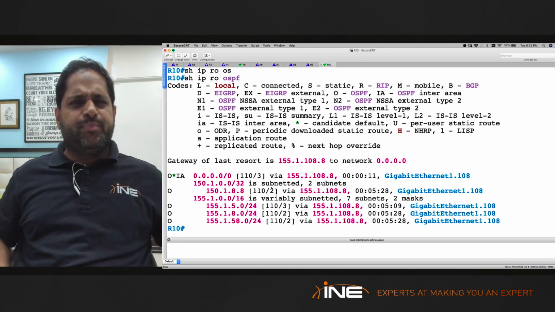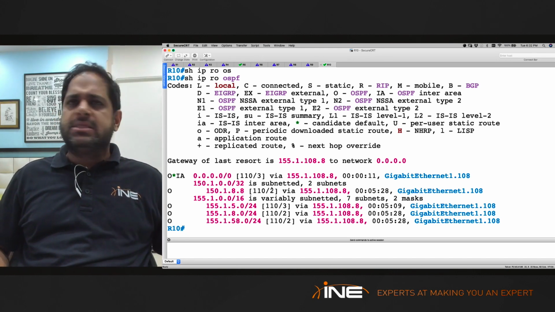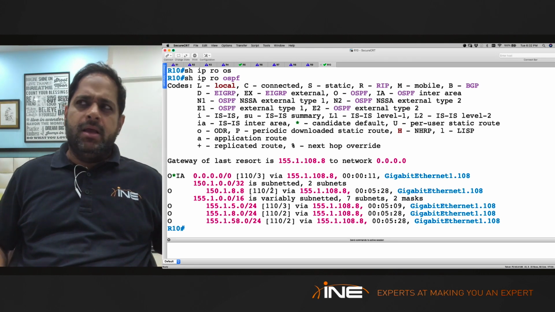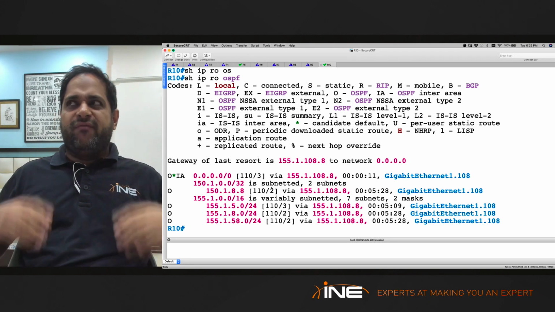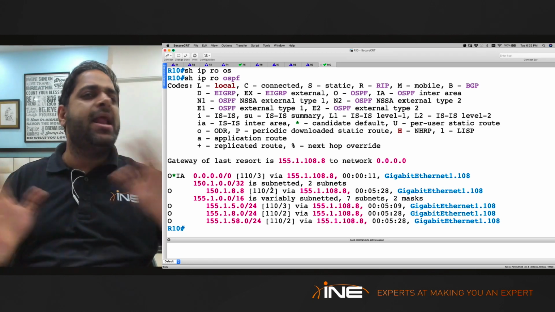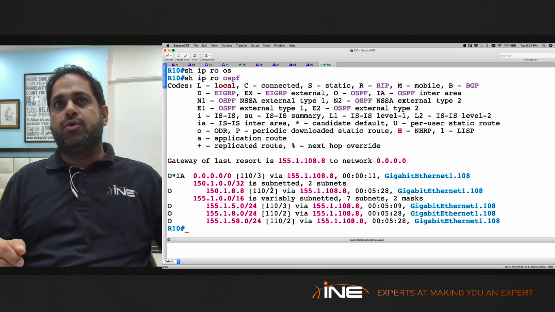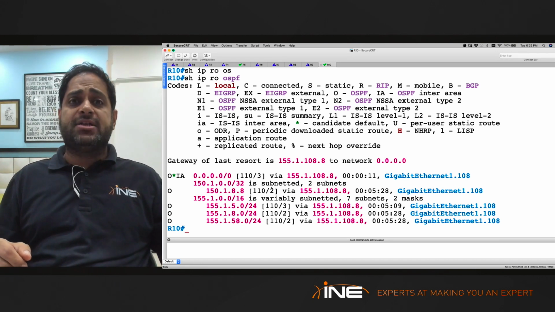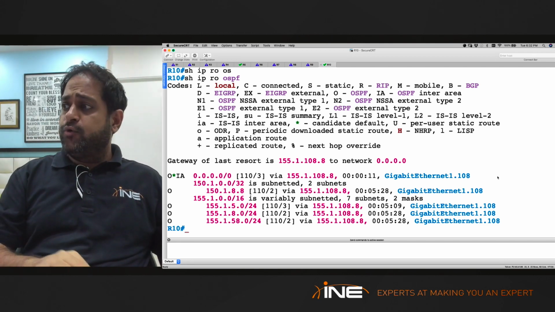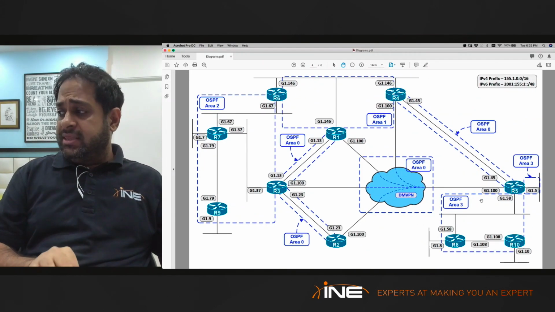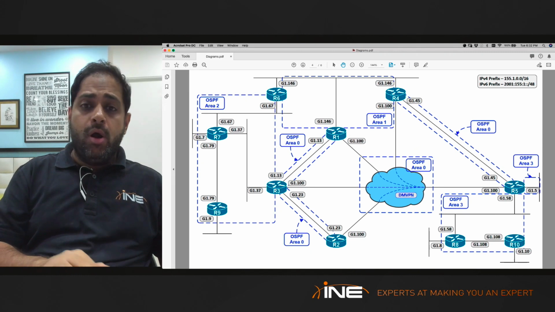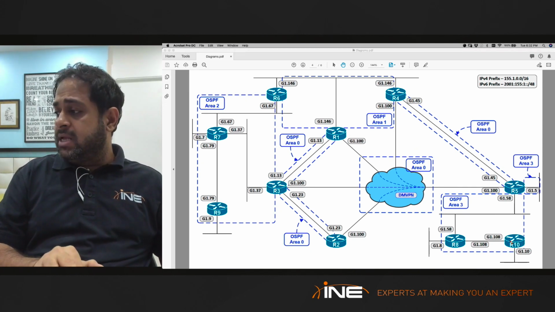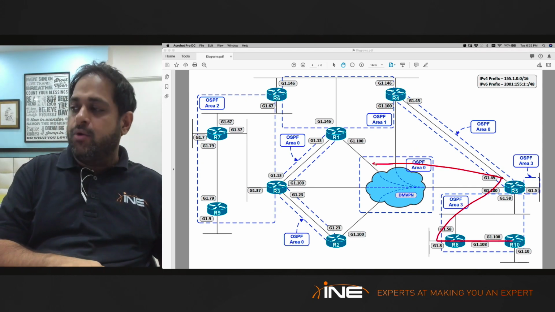Now, what is the problem with Totally Stub or stub? The problem is that for this area to go anywhere, let's say to another area or to the internet, for all destinations this area would have to go all the way from 10 to 8 to 5 and then go wherever it has to go.